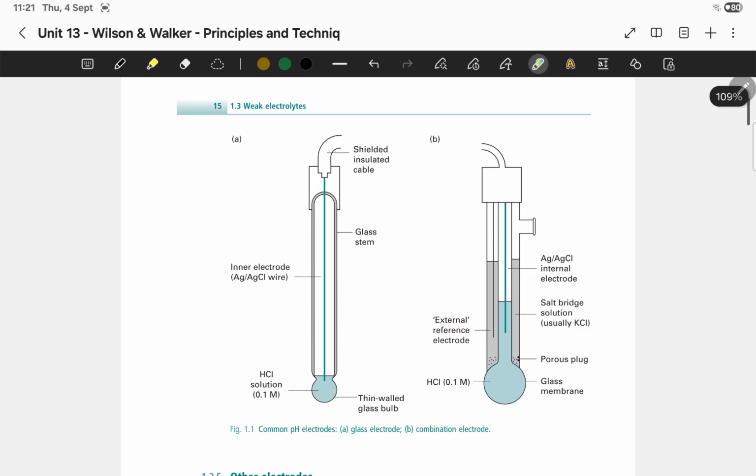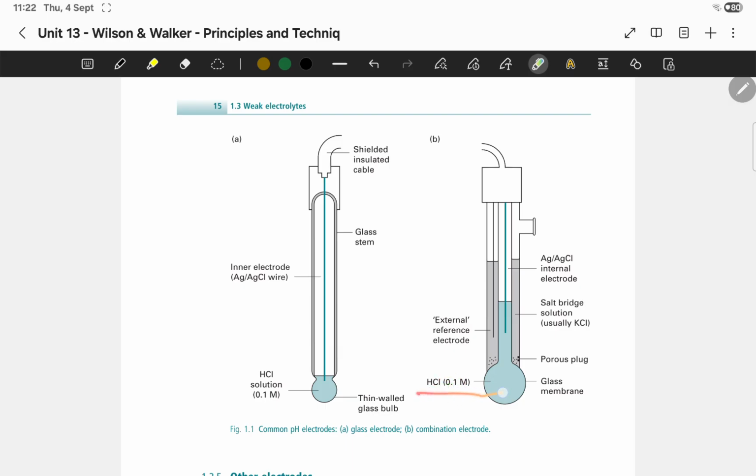So this is a glass electrode. This is a shielded insulated cable. This is a glass stem, inner electrode, silver or silver chloride wire, a hydrochloric acid solution of 1 M, thin walled glass bulb. Another is the combination electrode.